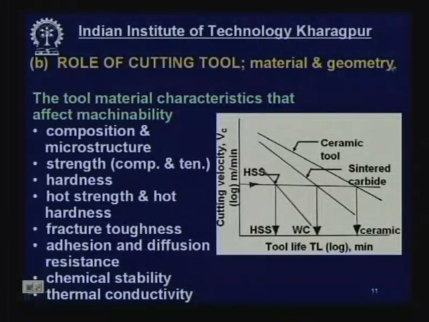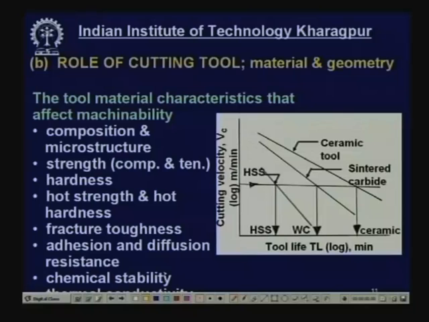Now, come to the role of cutting tool material and geometry. Both material and geometry are equally important. They play a very significant role. As I said earlier, and I am repeating, simply saying that the machinability of a material A is such and such is a wrong statement.